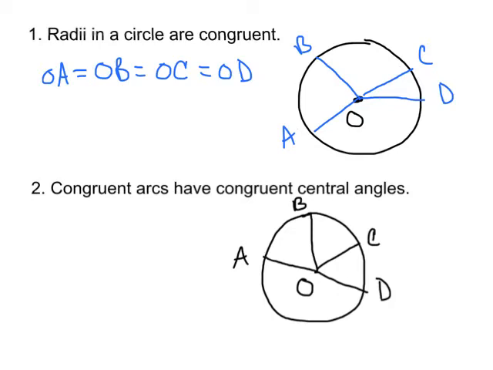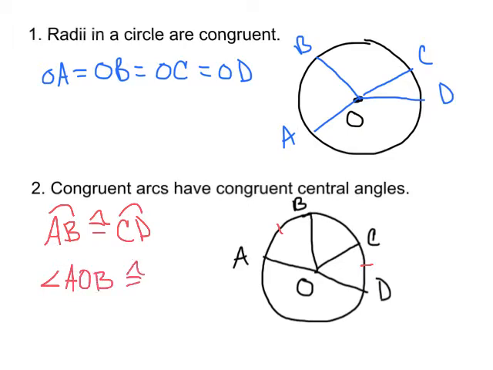So if I say that arc AB and arc CD are congruent, that means that angle AOB has to be congruent to angle COD. There's no other way to do it. Congruent arcs have congruent central angles.